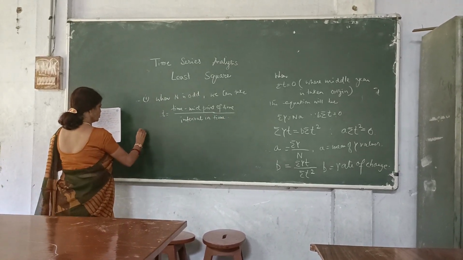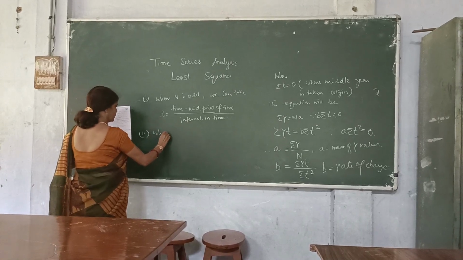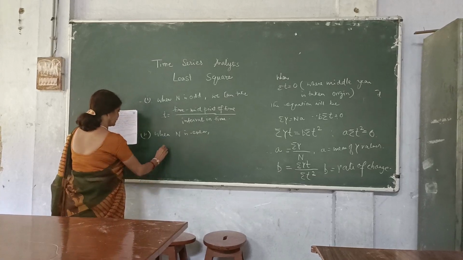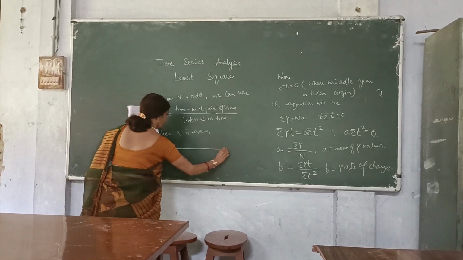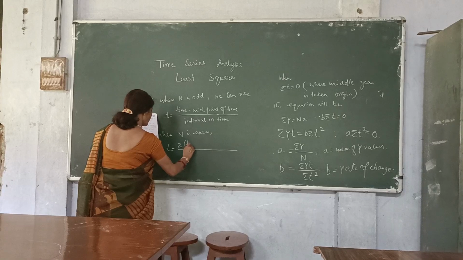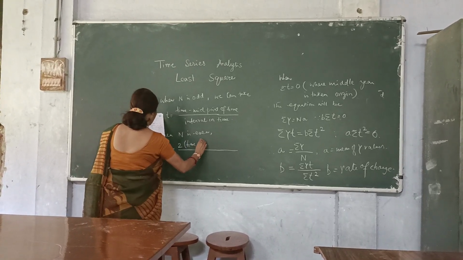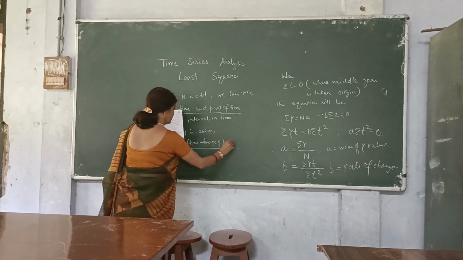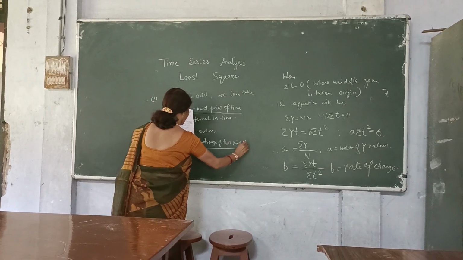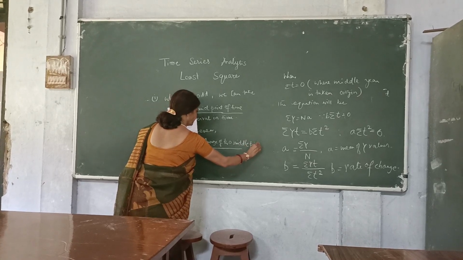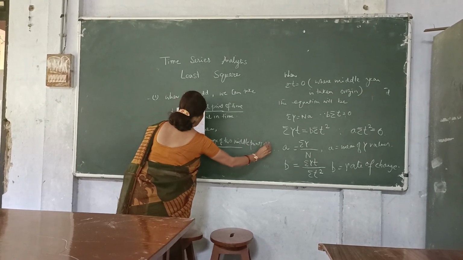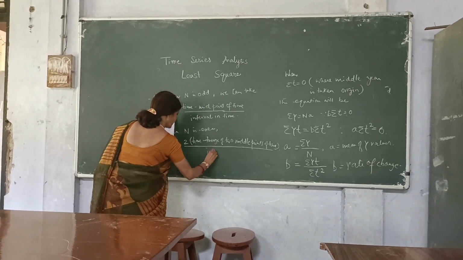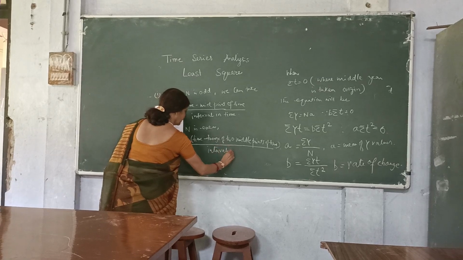And number 2, when n is even, then t equal to 2 into time minus average of two middle points of time, divided by interval in time.